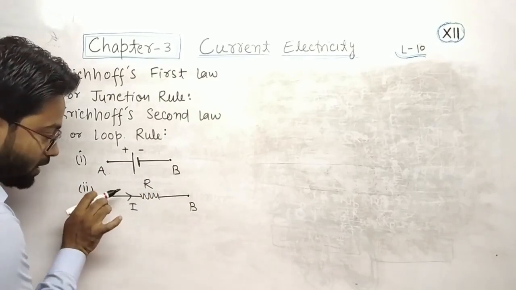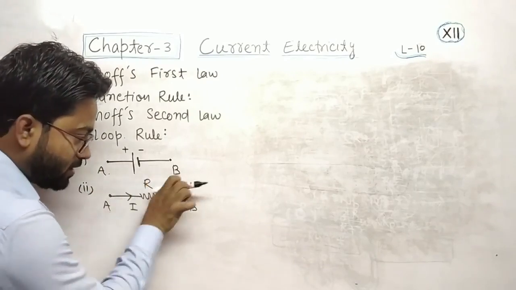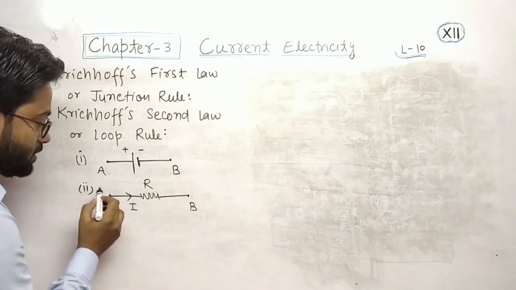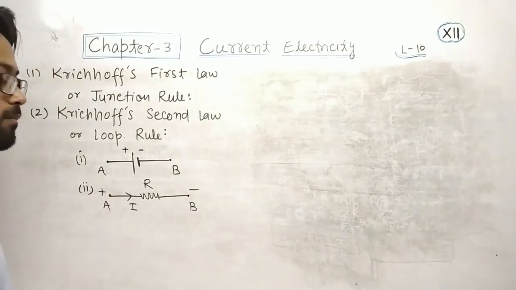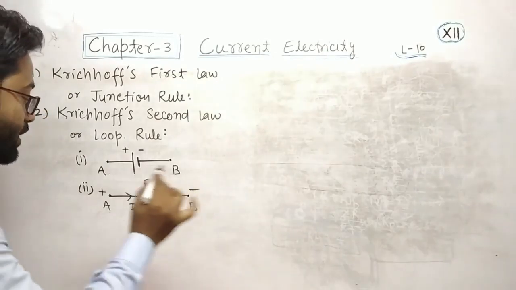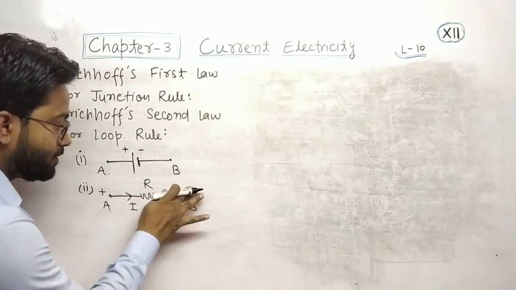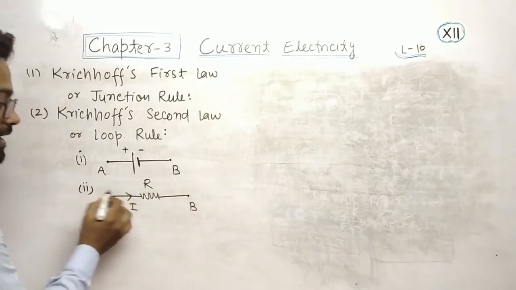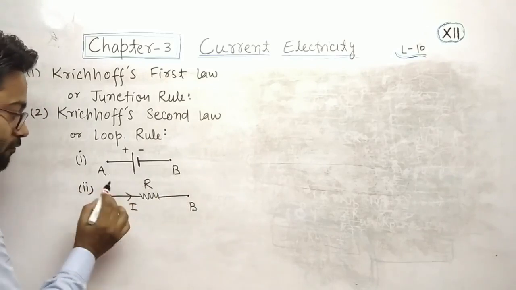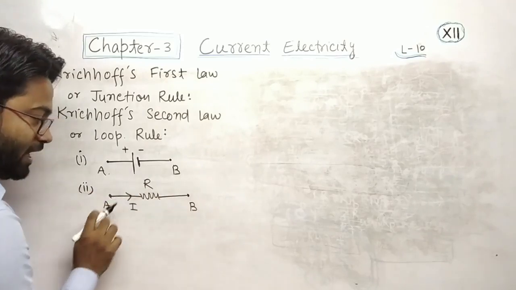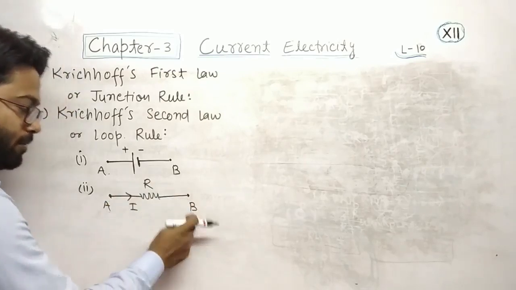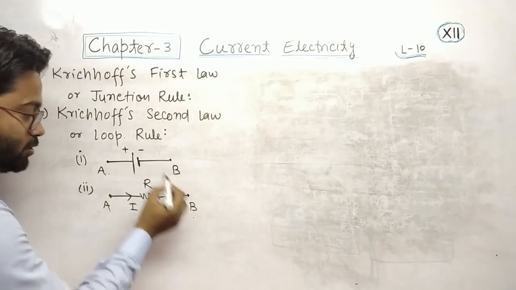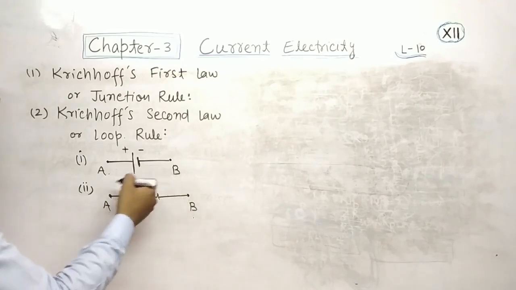That means this is at higher potential and this is at lower potential. Only the direction of current is given. If we go from A to B, then there is a potential drop. If we go from B to A, there will be a potential rise.